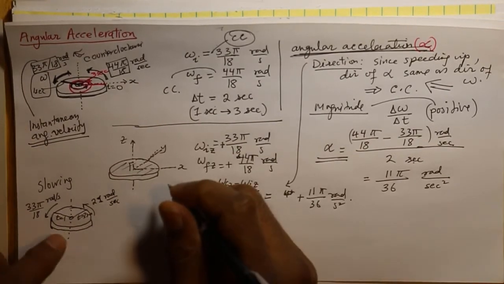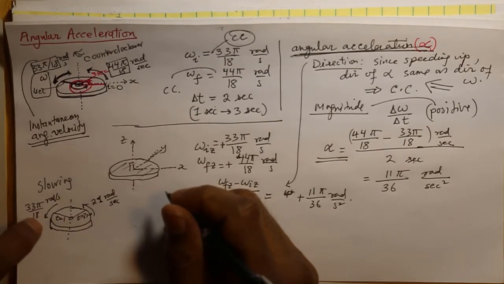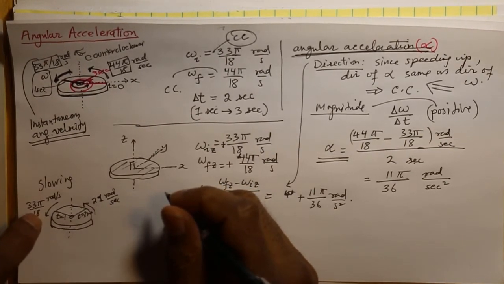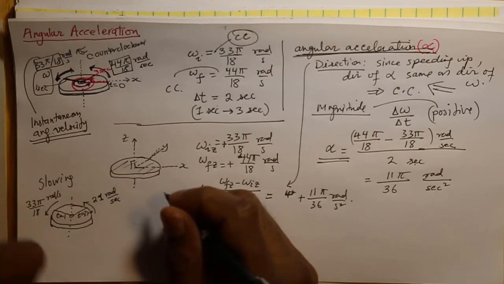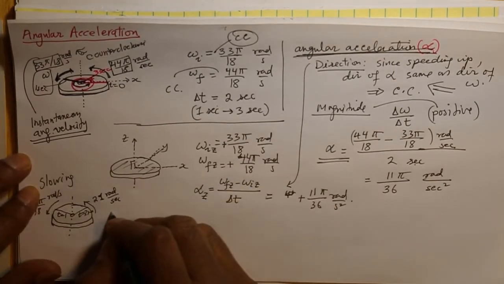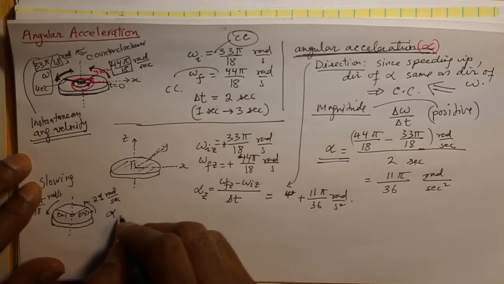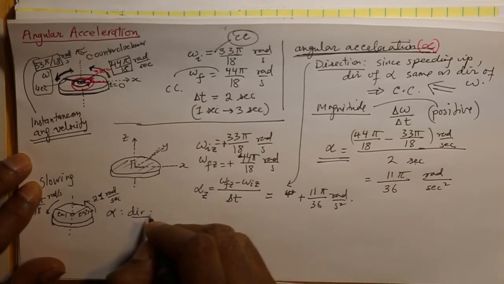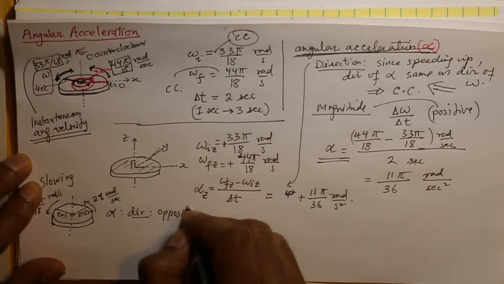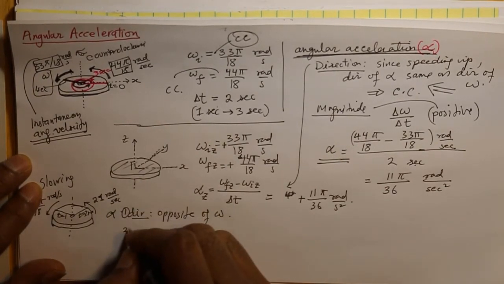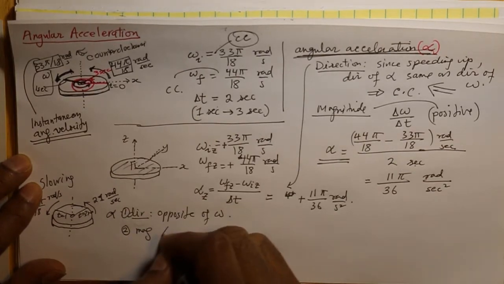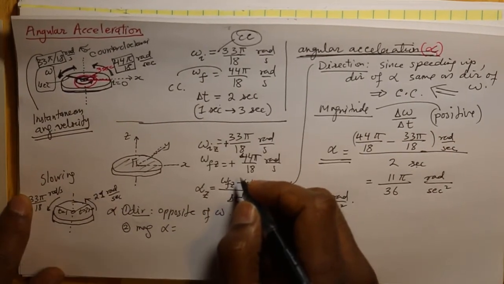Well, if it's slowing down, then the direction would be opposite of the way it's spinning, right? So the alpha has a direction opposite of omega, and the magnitude will be just a difference of the two.